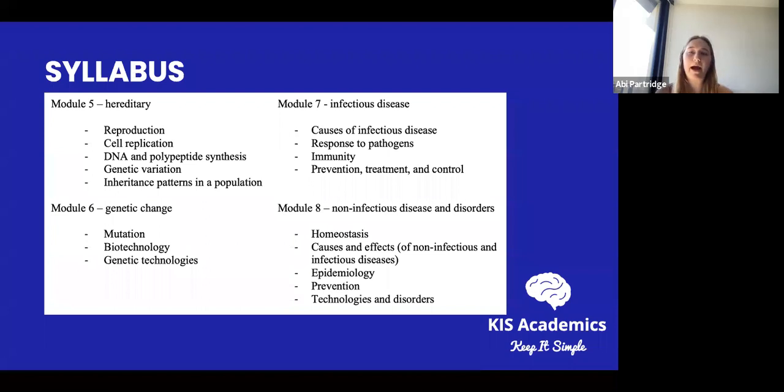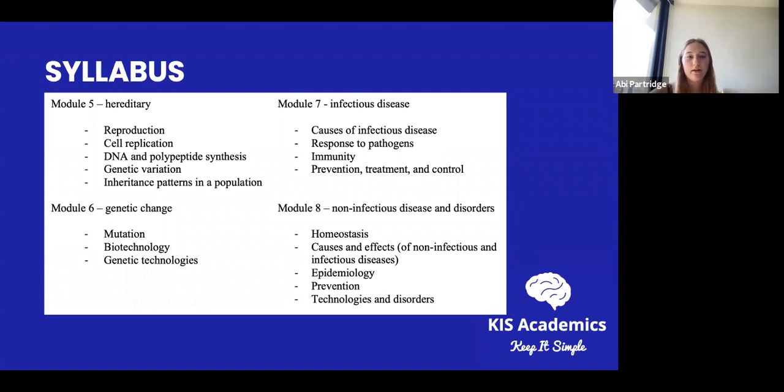They like to combine modules for the longer responses, so they can test a wide range of skills. And finishing off with module 8, we've got Non-infectious Disease and Disorders. So homeostasis, then causes and effects, epidemiology, and then prevention, technologies and disorders.